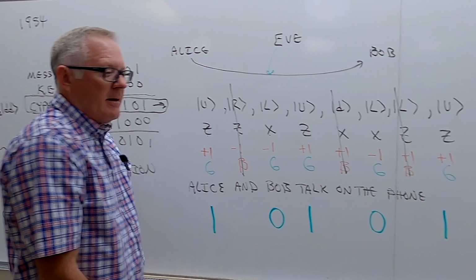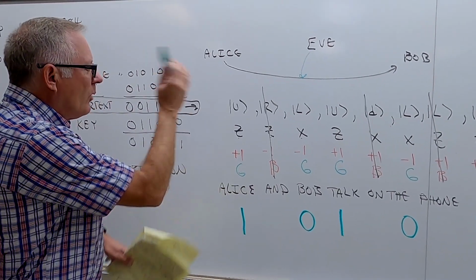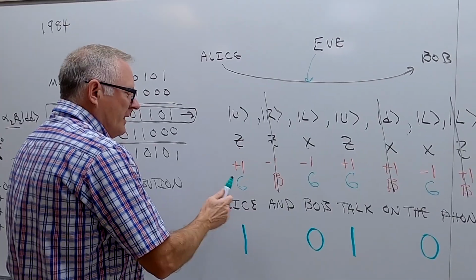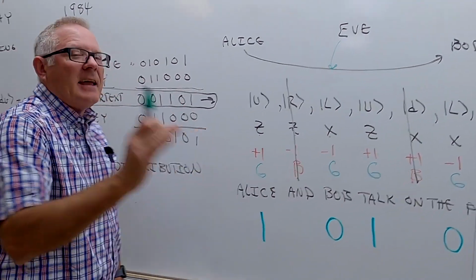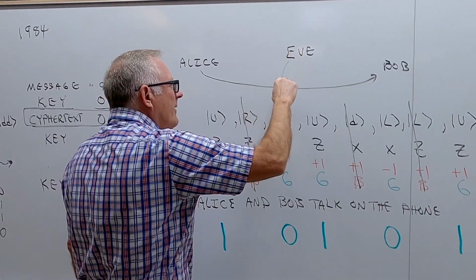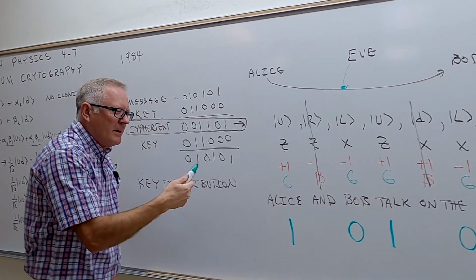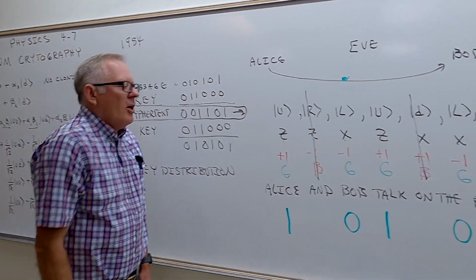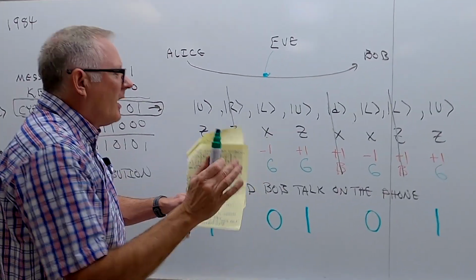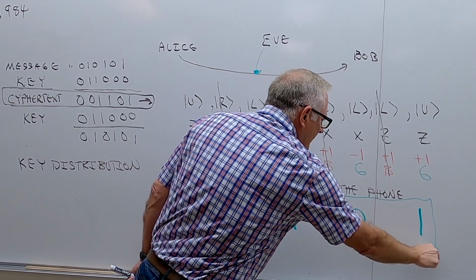They'll take a small sample of them and say, I got 101101110. And Bob will say, I got that same string. What that tells them is that Eve could not have intercepted this because she would affect the measurement right here. So once they have a subset of it correct, then they'll know the rest of it must be a good key.